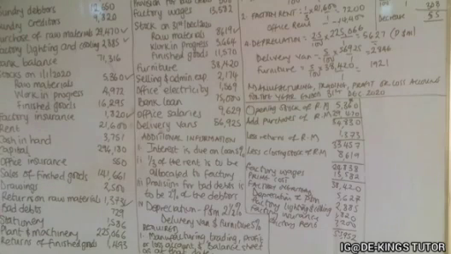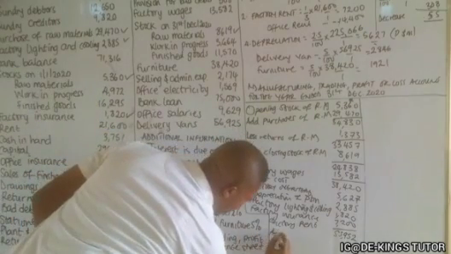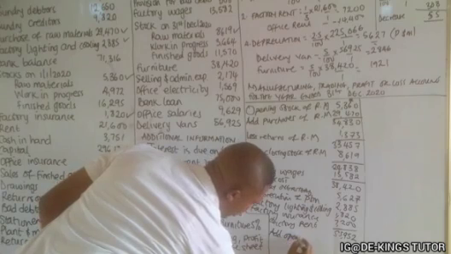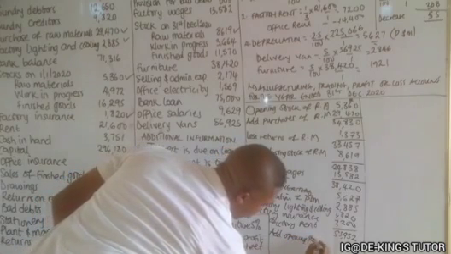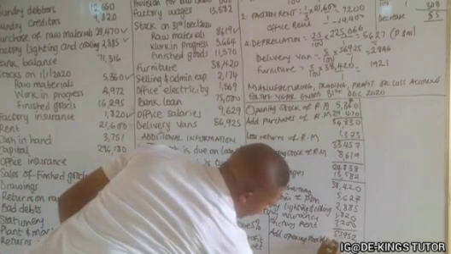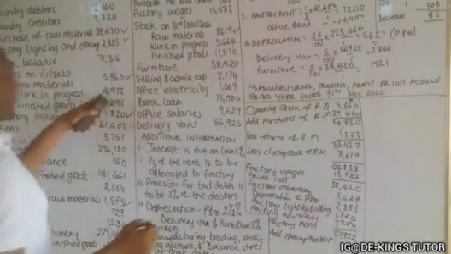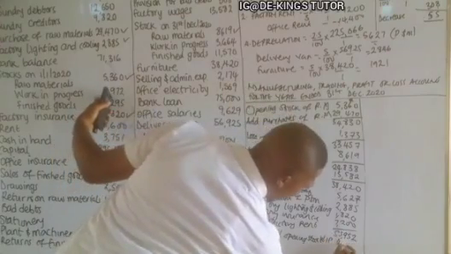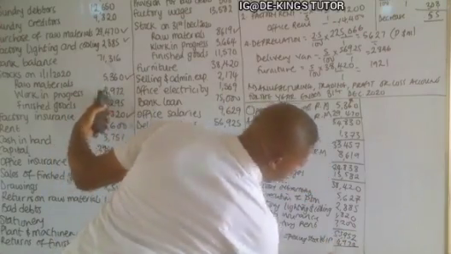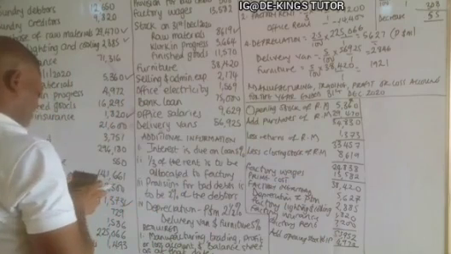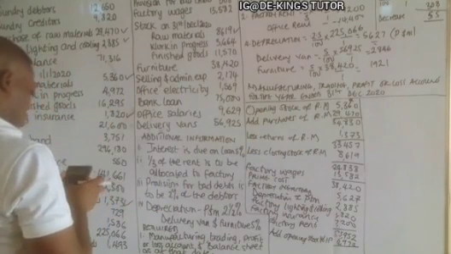Okay. So the next thing is to add opening stock of work in progress. So we said add opening stock of work in progress, which is 4,972. So that's plus 4,972.